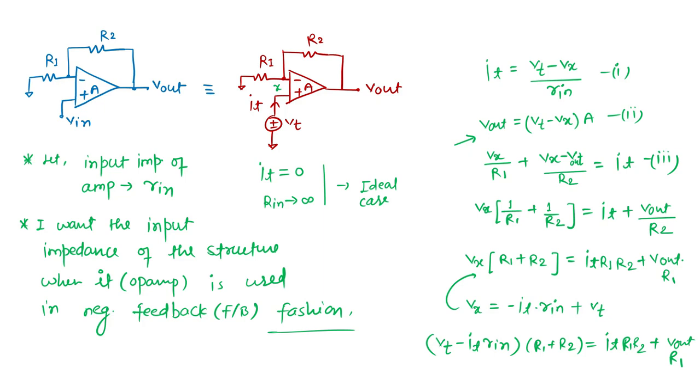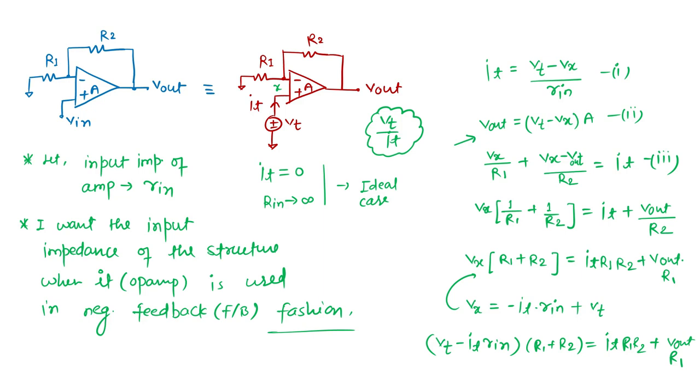So overall, after doing this much operation, when we simplify these things, we can have the relation between Vt by It, which can give us the expression of the input impedance.